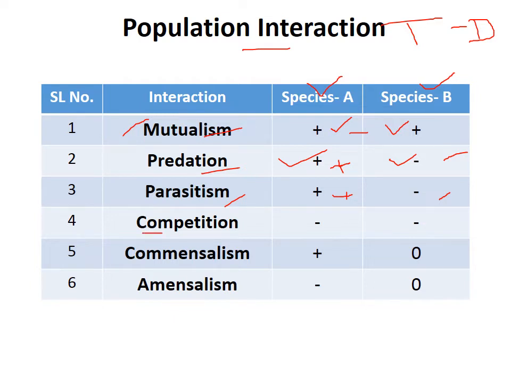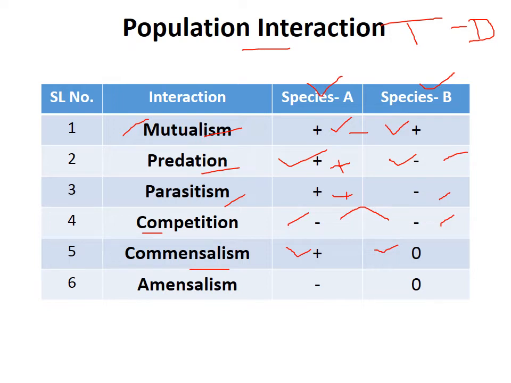Now in competition, the organisms compete for similar resources. Two organisms of the same species fight each other to get the same resources, so in this case they are both negative. Like two tigers fighting for a deer. That is competition. Then commensalism. Commensalism means one species is getting a positive effect from the other species, but the other species doesn't have any impact.